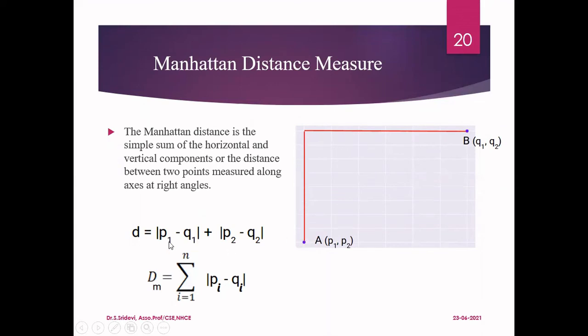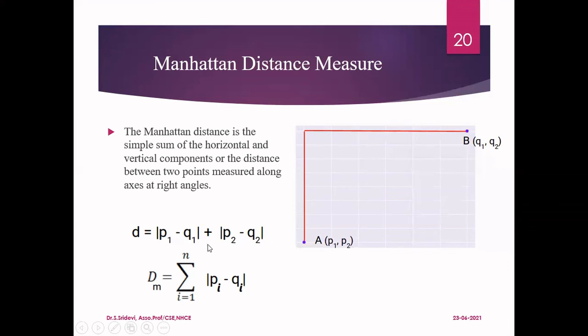So the distance between 2 points is now calculated as D equal to |P1 minus Q1|. Okay, so this P1 minus Q1 is nothing but the horizontal axis distance, plus |P2 minus Q2|. And a very important thing is, here you are taking the absolute value. The reason for going for absolute value is, if you don't use that, sometimes they will cancel each other and you will get the distance as 0.